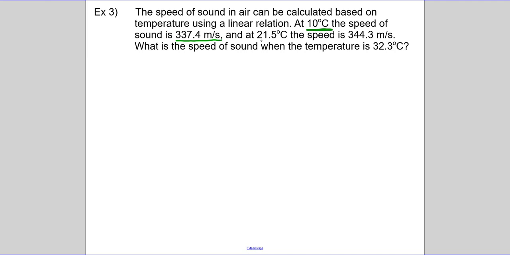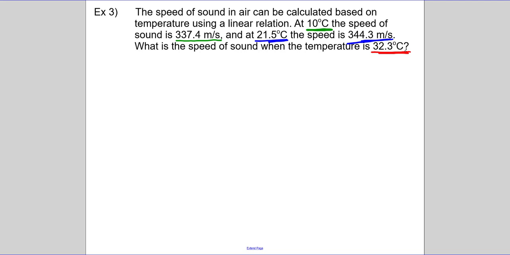If the temperature goes up to 21.5 degrees Celsius, then the speed is 344.3 meters per second. So what I want you to tell me is, what is the speed of sound if the temperature is up to 32.3 degrees Celsius?